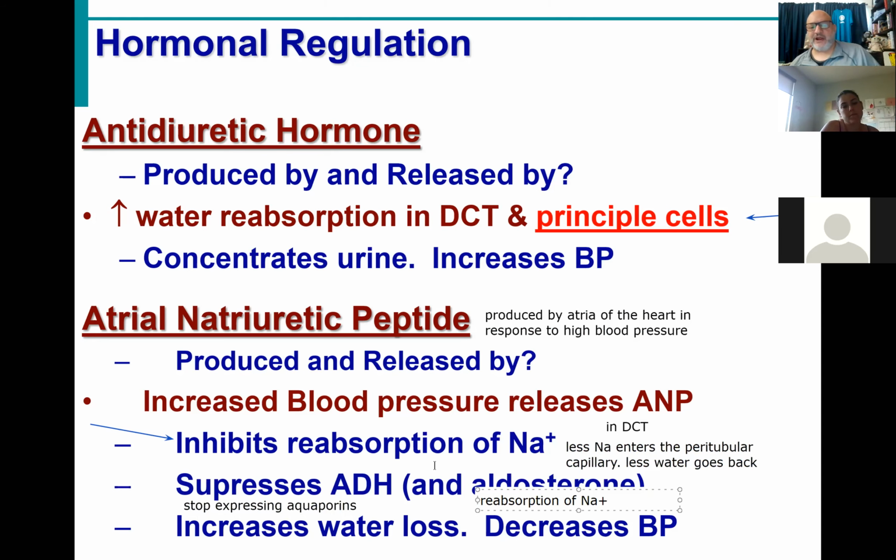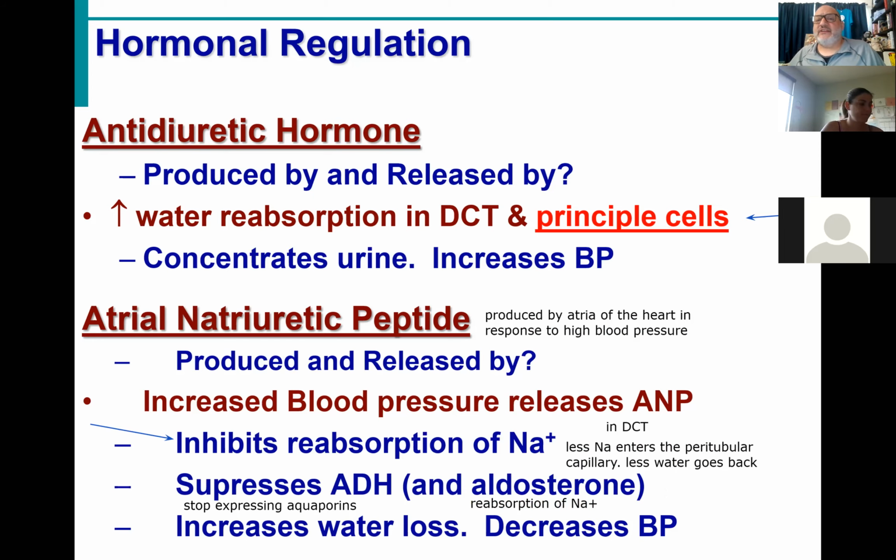So notice it both directly and indirectly stops the reabsorption of sodium. So again, where that sodium goes, water follows. So more sodium stays in the filtrate, more water stays in the filtrate, and less is reabsorbed. So we get more water lost, less volume to our blood, and it decreases our blood pressure. Again, not a lot of new information there. We had already talked about these and what they did.